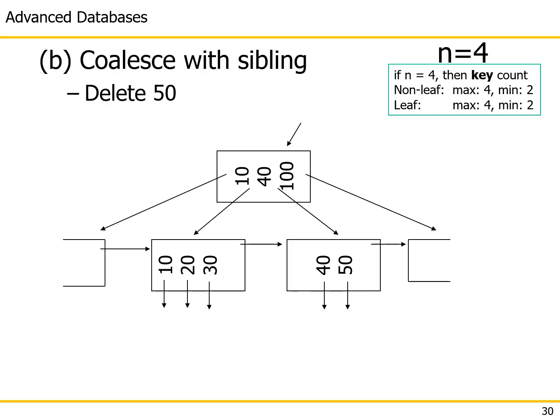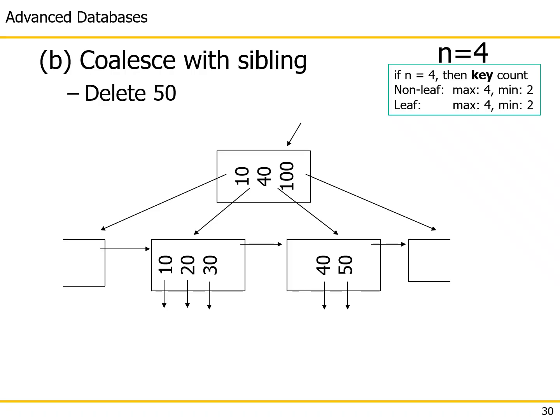So let's look at this B plus tree. Again, I'm not showing the whole tree, I'm just showing the part I'm going to work on. I would like to delete 50. I'm going to follow the same approach, which is, look for the value to be able to delete it. So if 50 exists, it's going to be between 40 and 100. I will follow the reference between them, coming to the node that has the 40 and the 50.